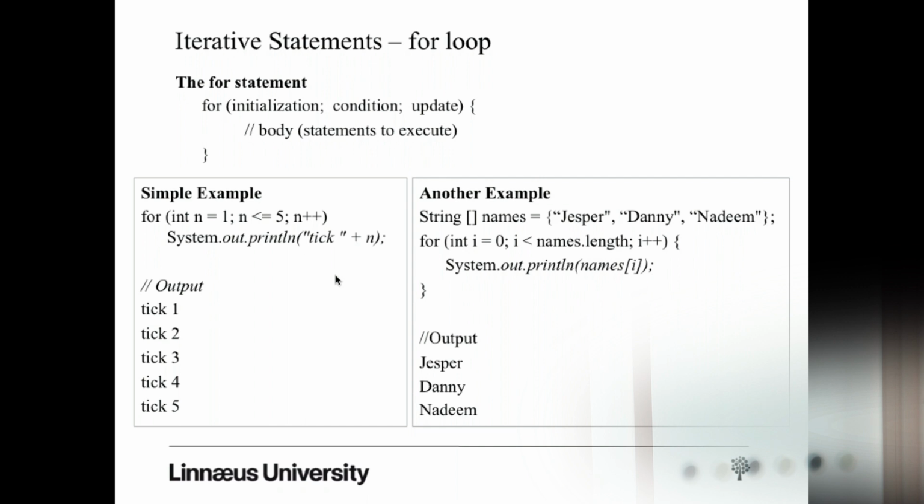So 2 is still less than 5, then 3, 4, and 4 is less than or equal to 5, the condition is still true, and it executes the loop statement. Now n becomes 5, 5 is equal to 5, it's not less than but it is equal, okay. 6 is neither less than nor equal to 5, the condition becomes false, so the loop will come to an end. Is it clear?